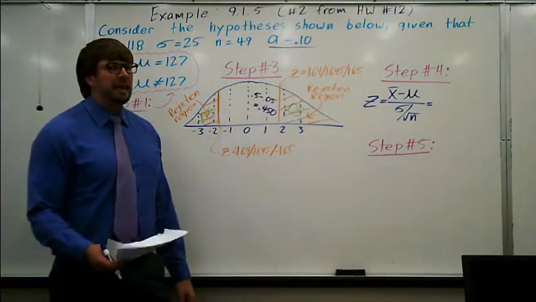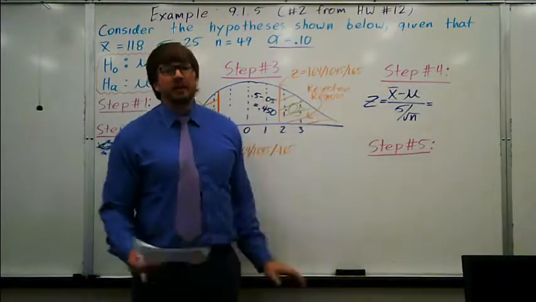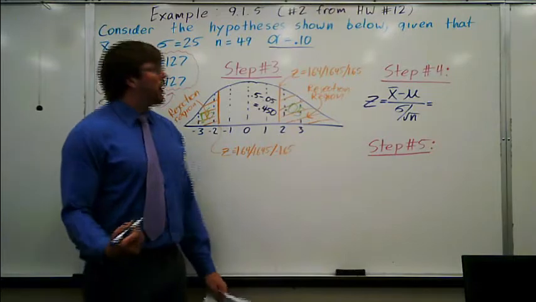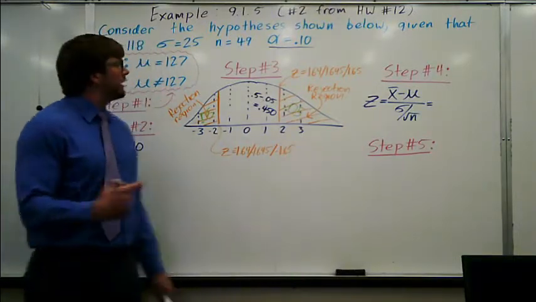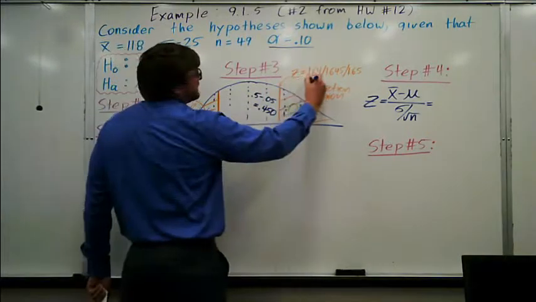On the MyStatLab homework, and definitely on the exam, you could use any of those z-values and you'll still get the correct answer. Alright, so our z-critical values then are 1.64, yeah, we'll just use 1.64. Any of them work.